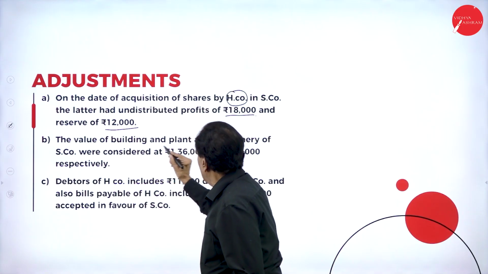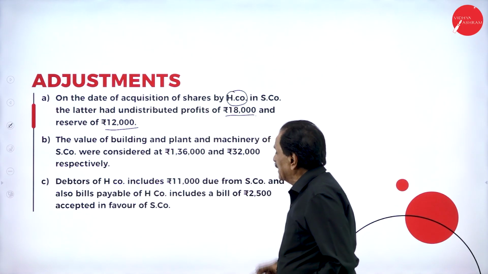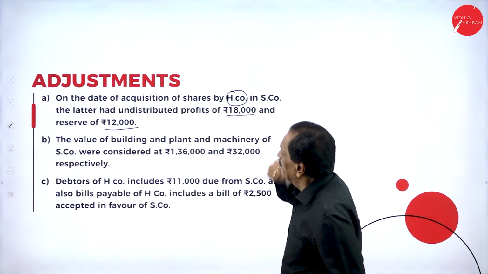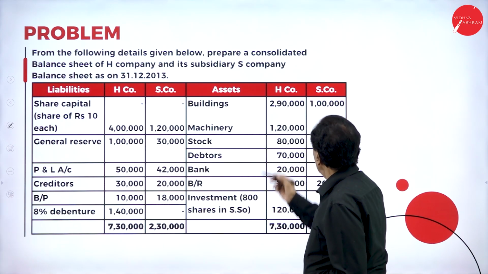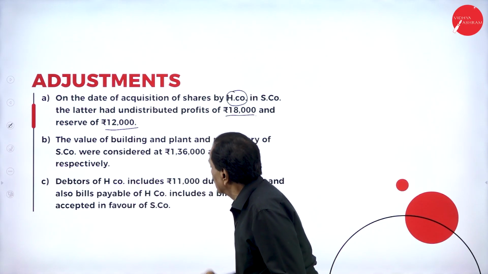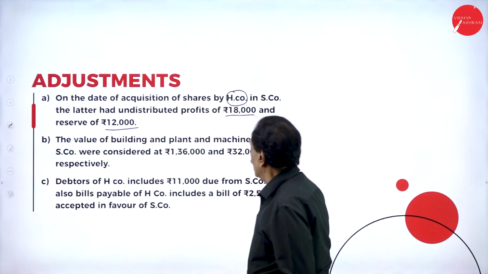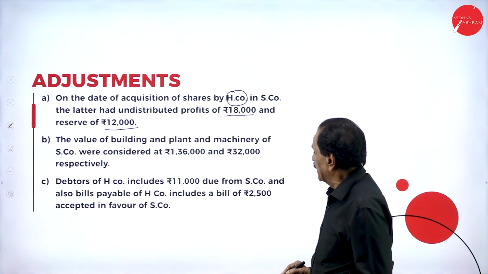The value of building of the company was considered to be 1,36,000. If the building value goes up, assume the building value here is 1 lakh rupees. Now it becomes 1,30,000, considered to be 1,36,000. How much more? 36,000 is called capital profit.